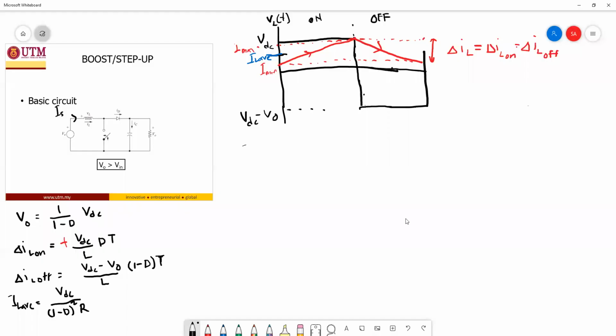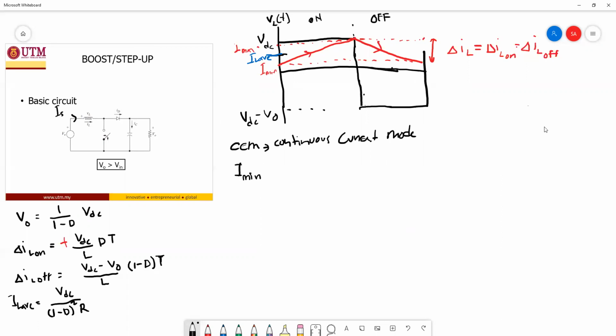Now we want to analyze the CCM. What is the value of the inductor so that this boost converter will always conduct in CCM, continuous current mode? It depends on the I minimum.